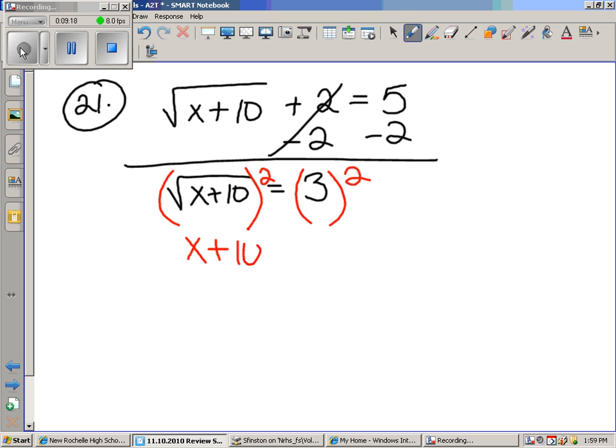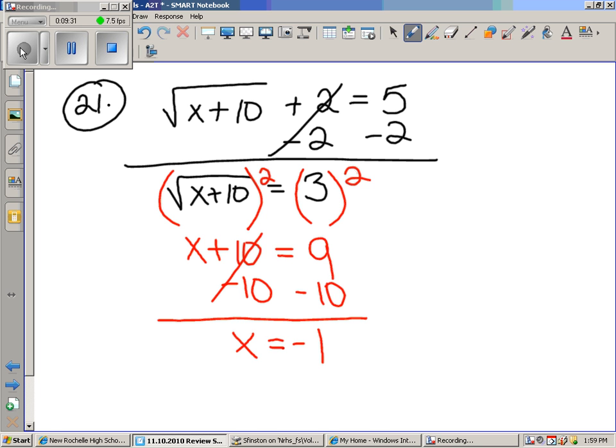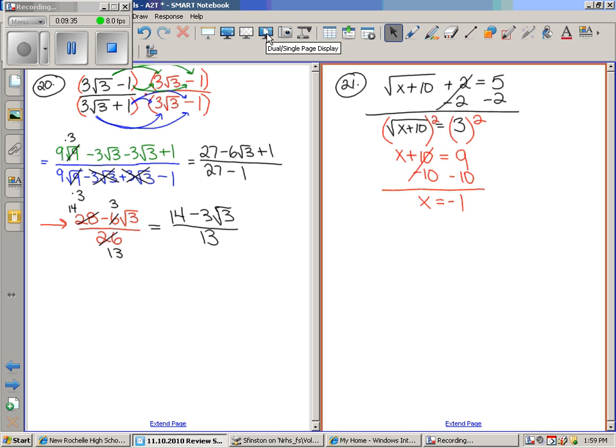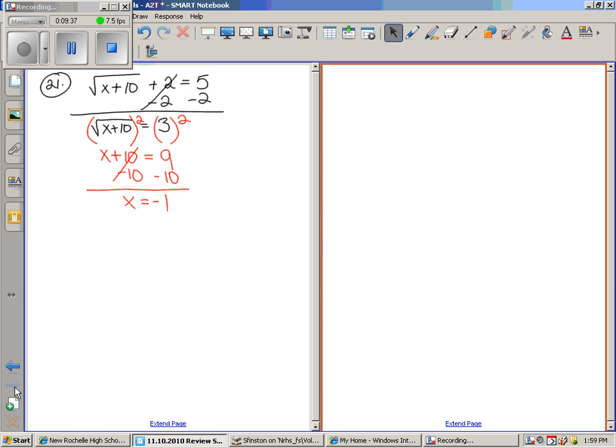x plus 10 equals 9. Minus 10 from both sides. x is going to be equal to -1. And now, always, we have to check just to make sure.